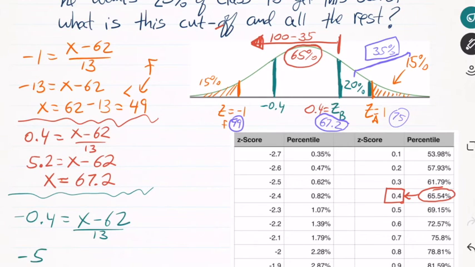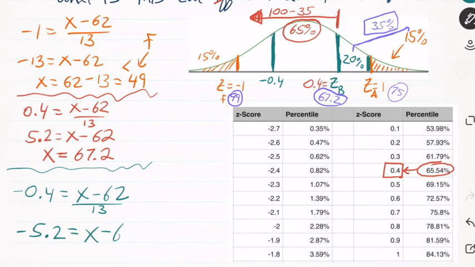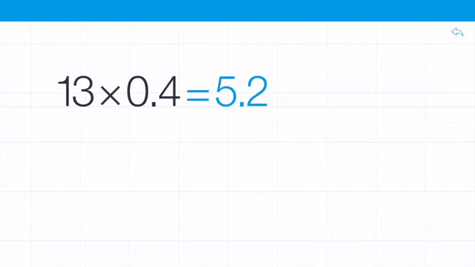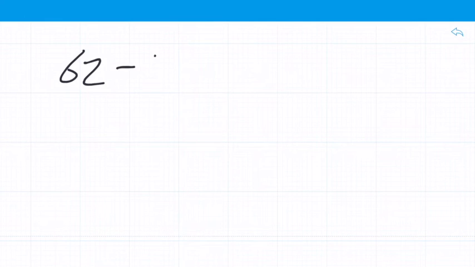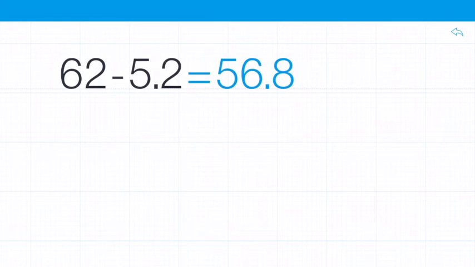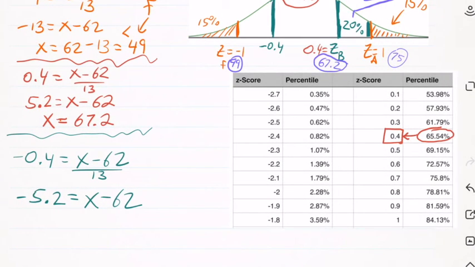It's just that it'll be negative this time around. And then 62 minus 5.2. Couldn't do it in my head. 56.8, let's put it at 57. So this score, to create a D, would be a 57.